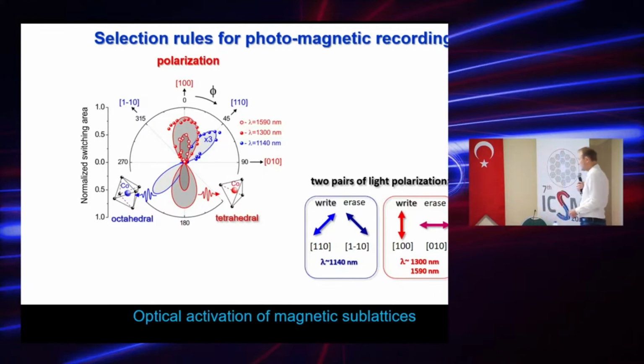So in this case, we demonstrate that for magnetic recording, it is possible to switch not only for one wavelength, not only for one polarization. We demonstrate two pairs of light polarization, changing not only the polarization but also the wavelength.